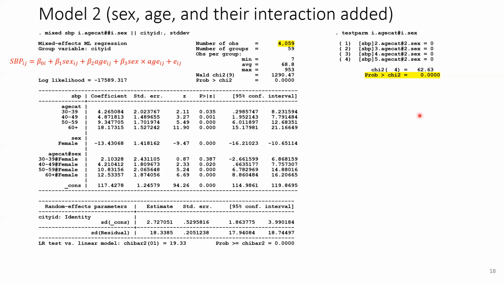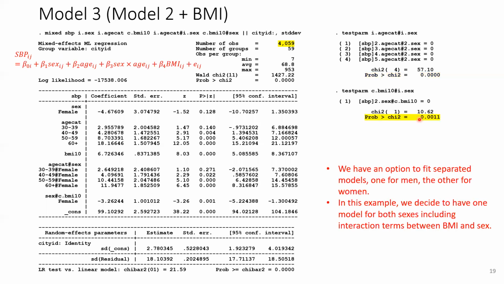Okay, then let's include BMI now. So I included BMI as well as the interaction terms. So this model equation presented here is wrong because I need to include interaction term between BMI and sex here.